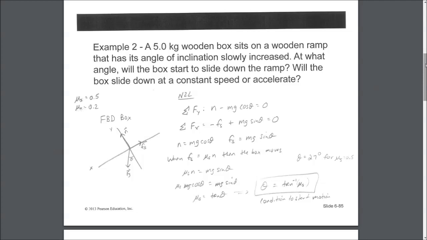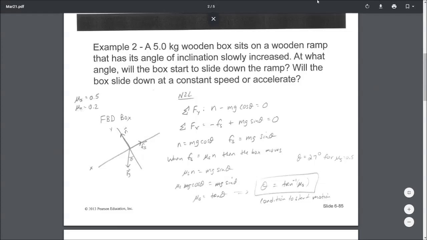So I'm going to take my F sub s and replace it with mu sub s times n. Now, by the way, I just want to tell you something here. When I change F sub s to mu sub s n, what I'm doing is basically a check. I'm checking to see when we slip.